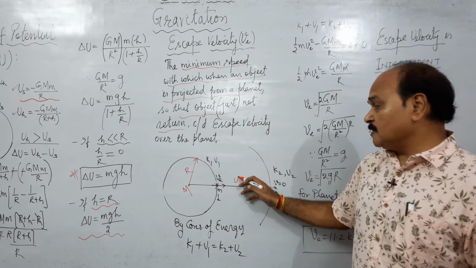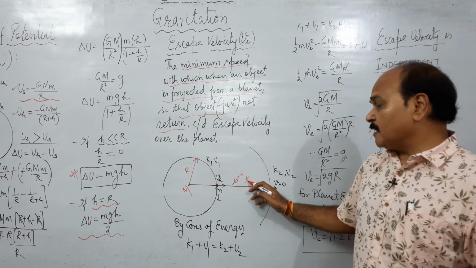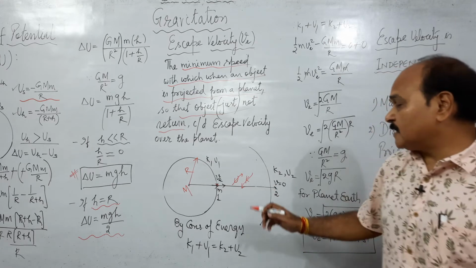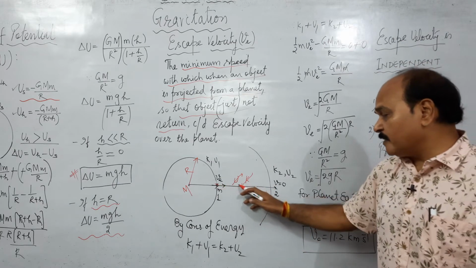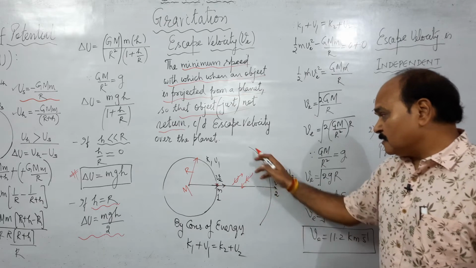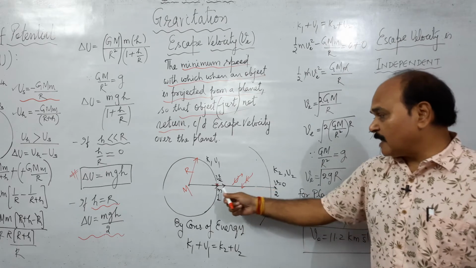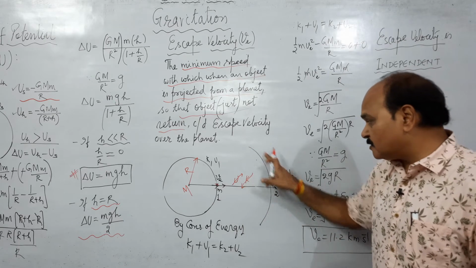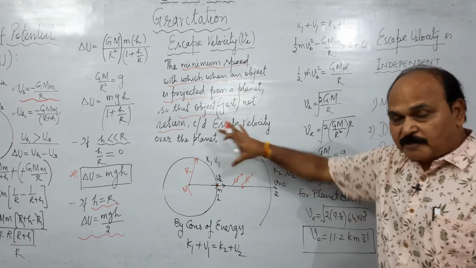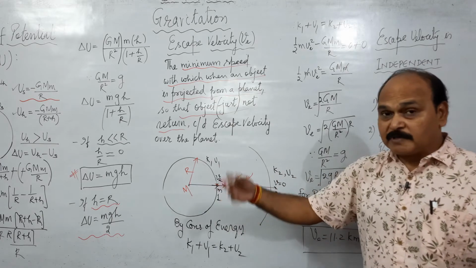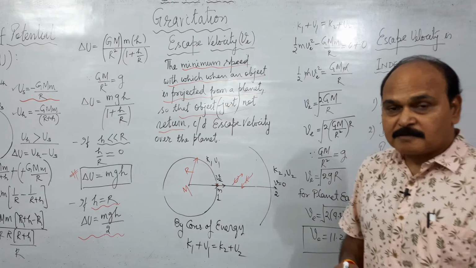Potential energy increases, but at the same time, kinetic energy decreases. And if this kinetic energy becomes zero anywhere within the boundary of, say, the gravitational field of the planet, which is the sphere of influence of the planet, the object will come back because of the gravitational force of attraction.